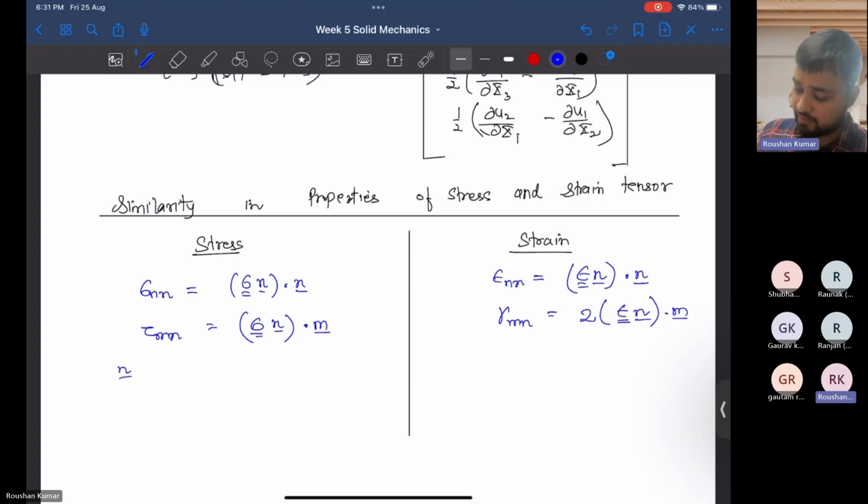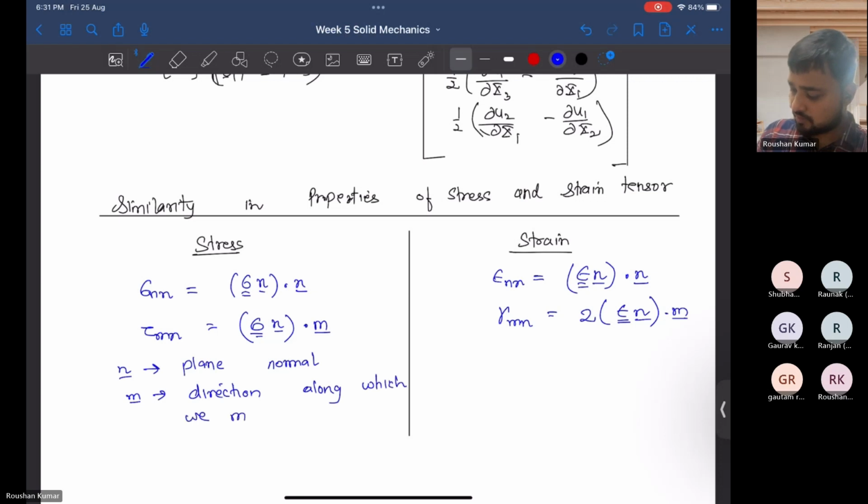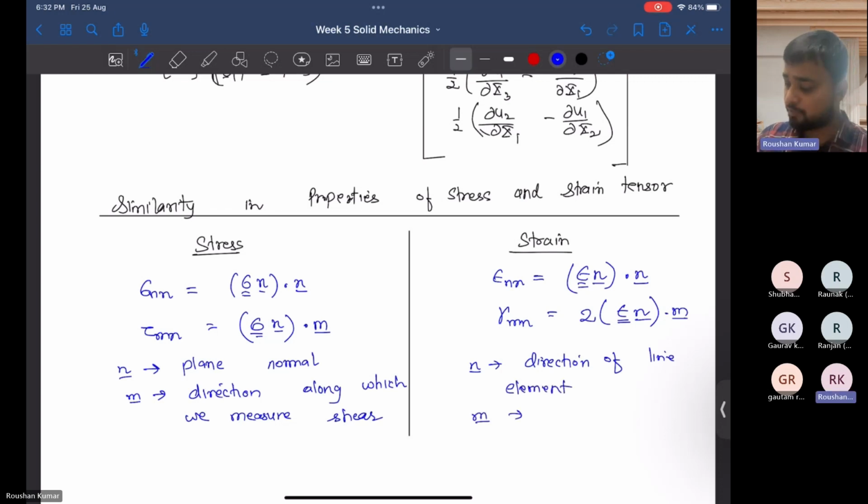Here n is the plane normal and m is the direction along which we measure shear. And here n is the direction of a line element, and m is the direction of a line element which is perpendicular to n in the reference state.